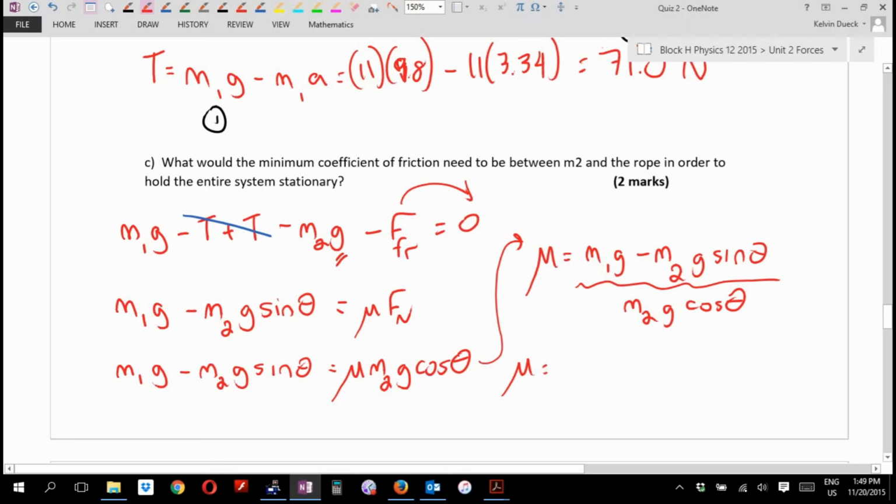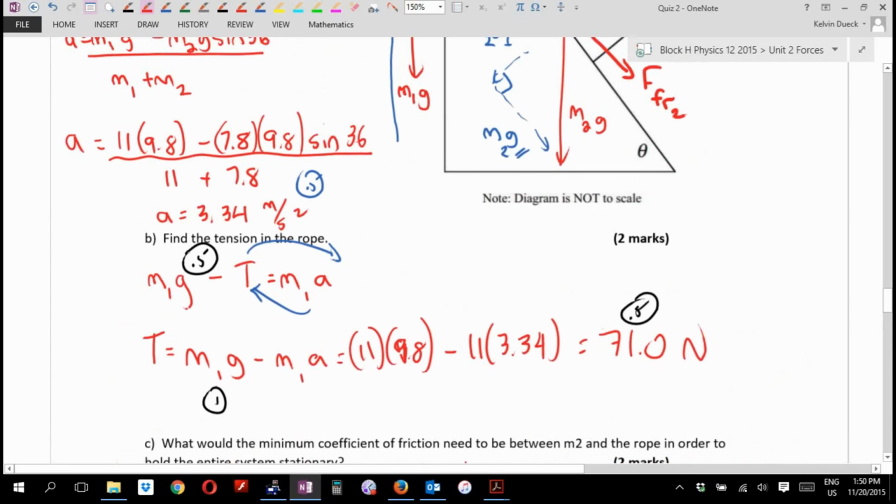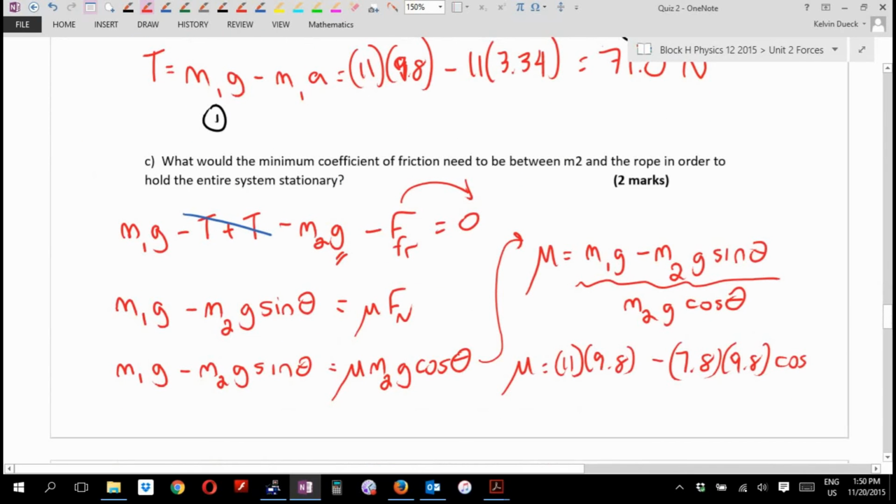M1, 11 times 9.8 minus 7.8 times 9.8 sine 36. Sorry, not cosine, sine 36.